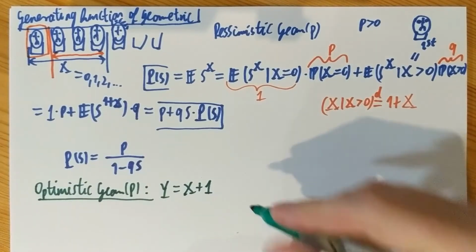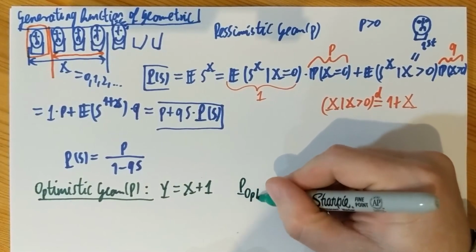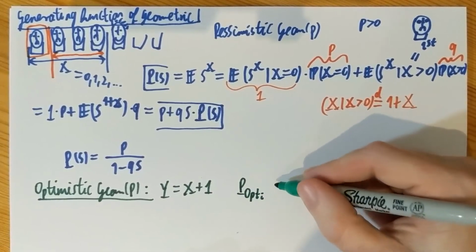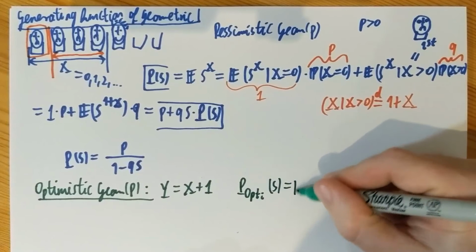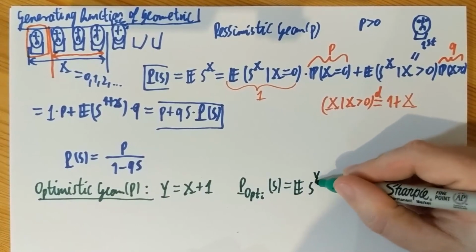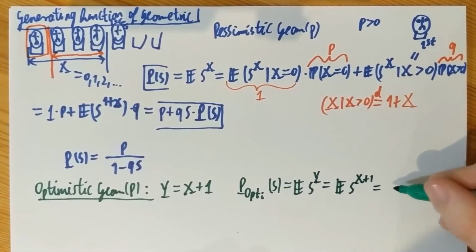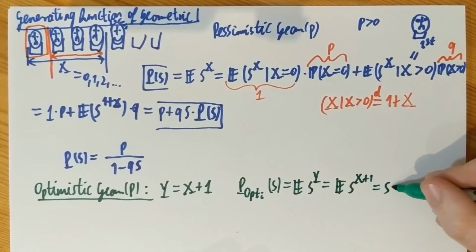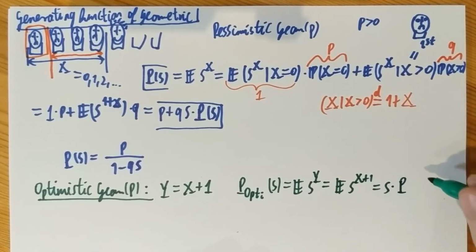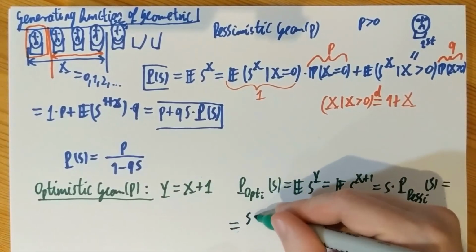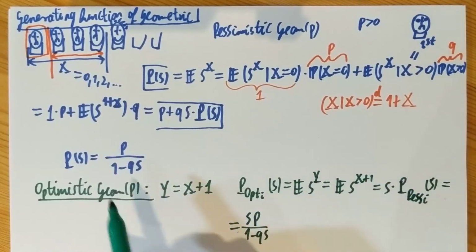So the generating function of the optimistic geometric at s is the expectation of s to the Y, which is the expectation of s to the X plus 1, which is one factor of s times the generating function for X, the pessimistic geometric. It's just the thing we had up here. So that's going to be sP over 1 minus Qs. That's the generating function for the geometric.